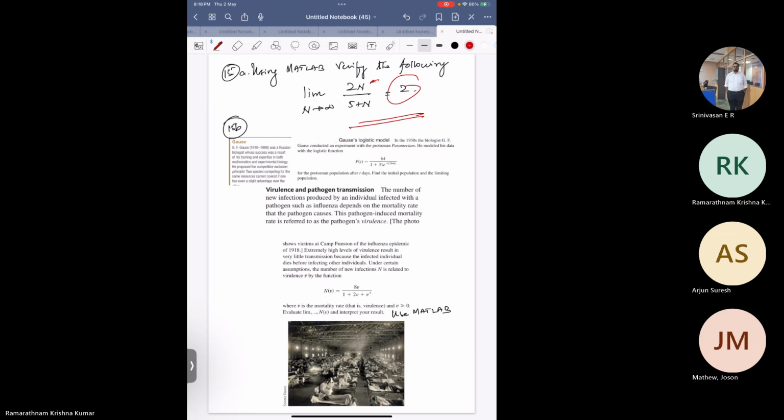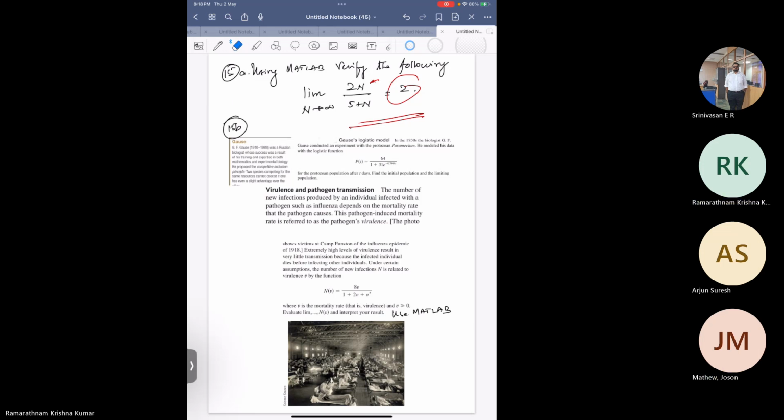Now, I'm going to introduce one course next semester. So summer, I hope we can do something on data science. And next semester, I'm going to introduce this course on cardiac mechanics and respiratory mechanics.